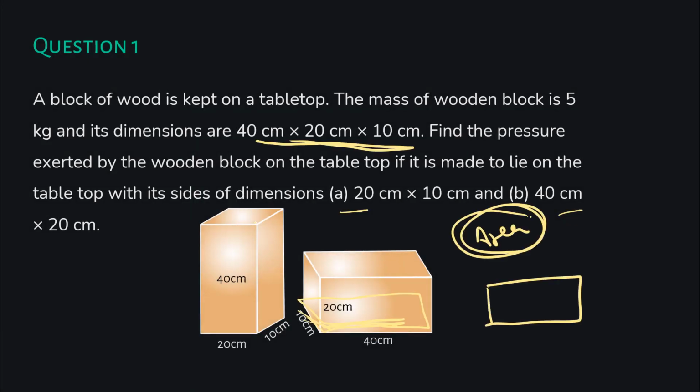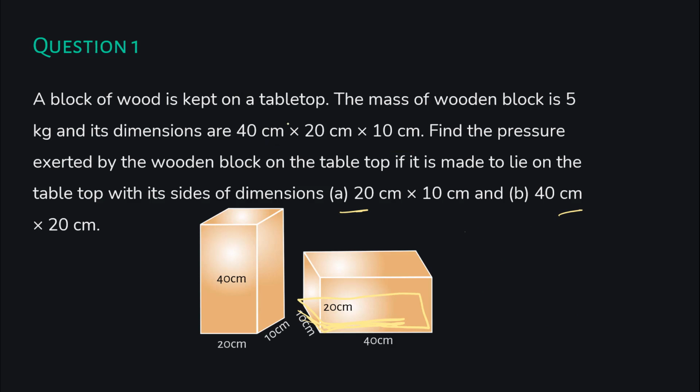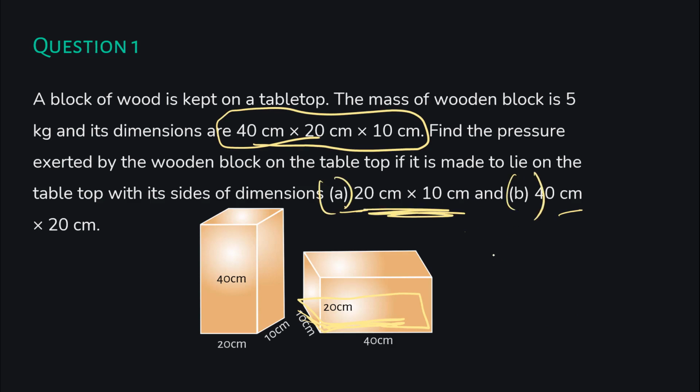Okay. So, for case B, your dimensions are 40 into 20 into 10. Right. For the second case, we have to calculate for 40 into 20. For this cuboid, firstly, we took the dimensions 20 into 10 for the A part because it was given, and for the B part, we are taking the surface where your 40 and this 20 are, right?